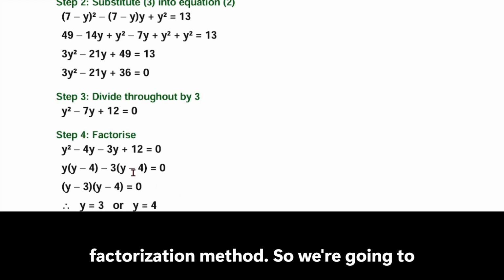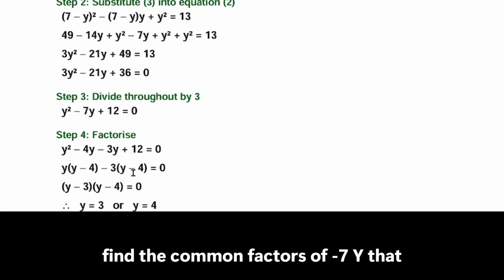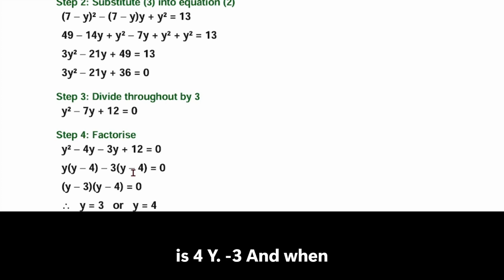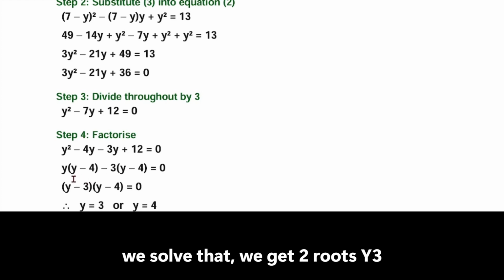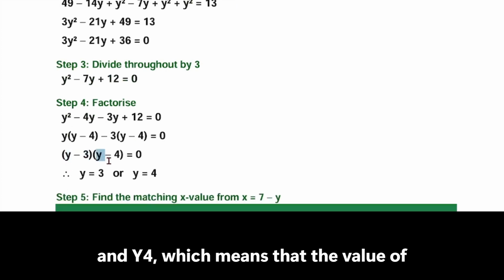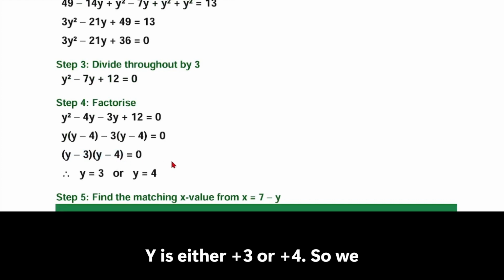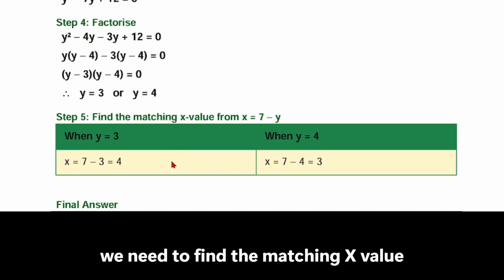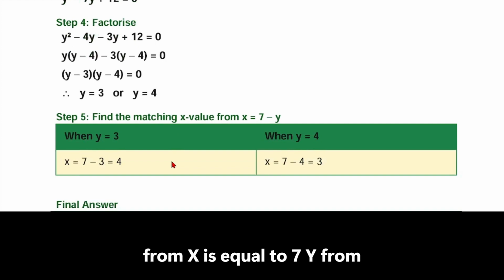So we're going to find the factors of negative 7y, that is minus 4y and minus 3y. And when we solve that, we get two roots, y minus 3 and y minus 4, which means that the value of y is either positive 3 or positive 4. Okay, now we need to find the matching x value from x is equal to 7 minus y.